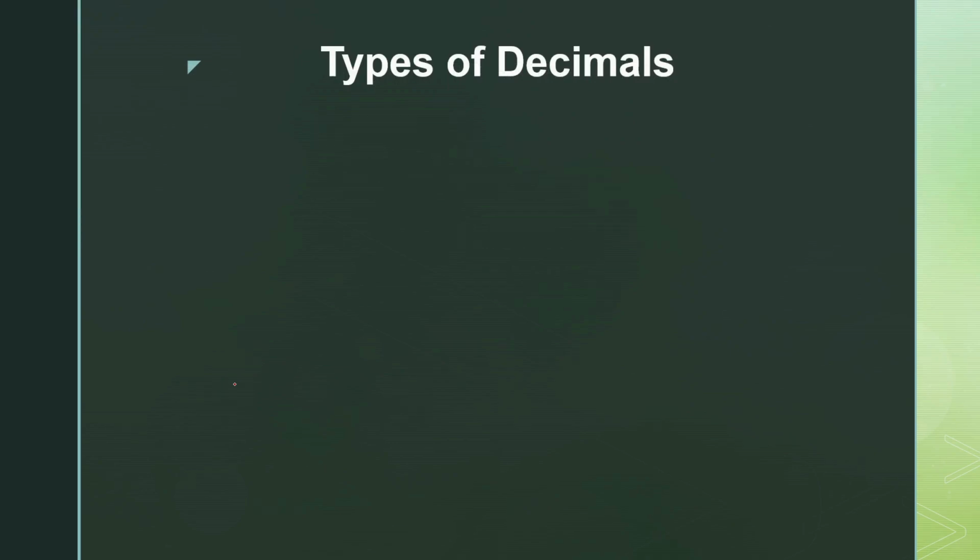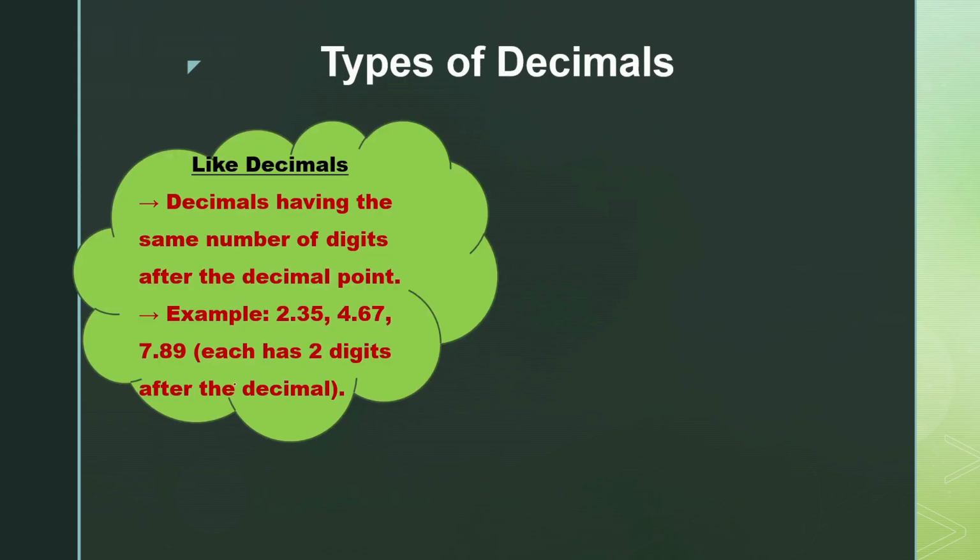Now let's study the different types of decimals. The first type is like decimals: decimals having the same number of digits after the decimal point. For example, you can see over here 2.35 and 4.67. In both numbers, we have 2 digits after the decimal. So when we have an equal number of digits after the decimal, it is known as like decimals.